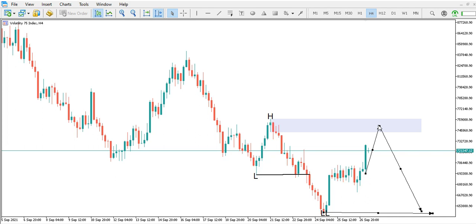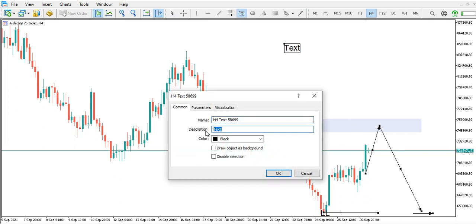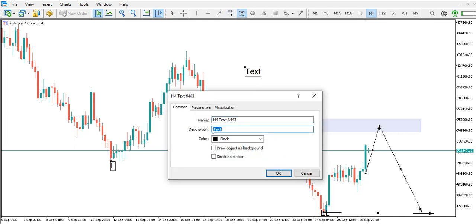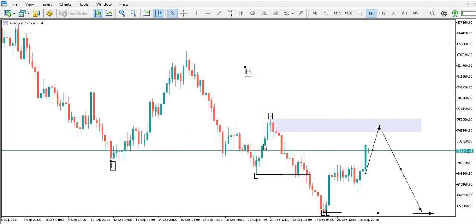And then again, why do I give you this as a point of interest or area of interest? It's simply because again on a bigger scale, we have a low here, we have a low here, and then we have another high here, and then we have a lower low here.